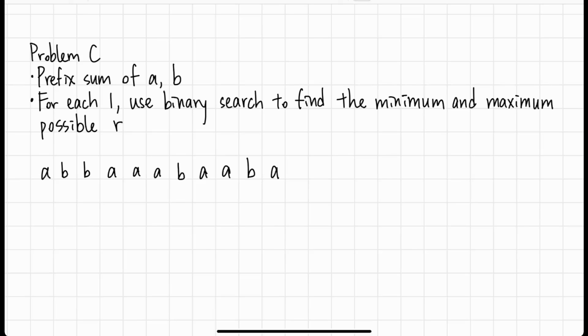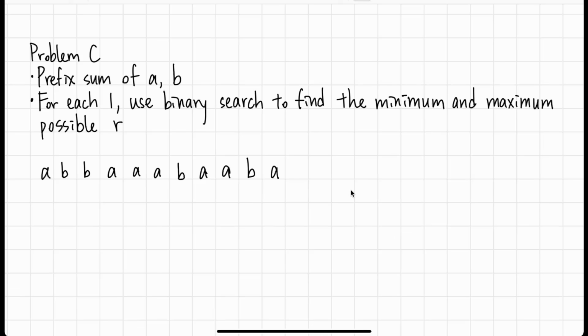And we notice that the condition is just to find the range where the substring has characters A greater than or equal to the number A. So we need to have at least a number of the character A in our substring.